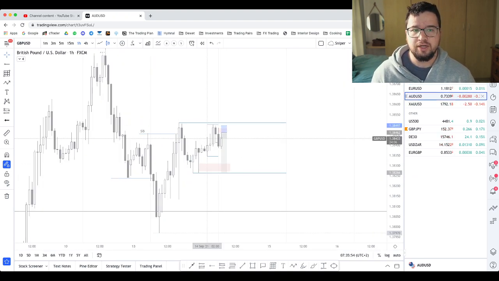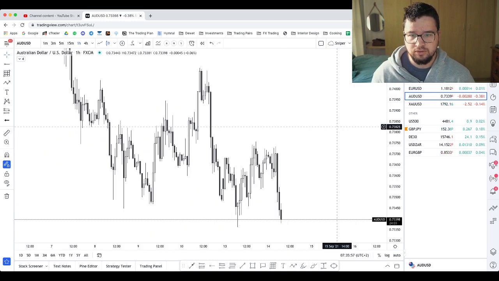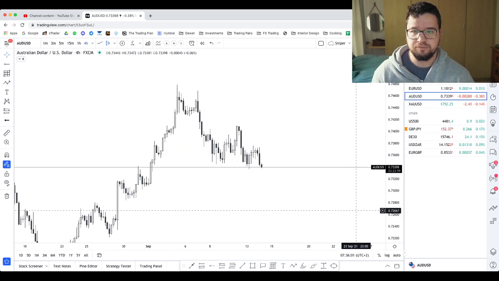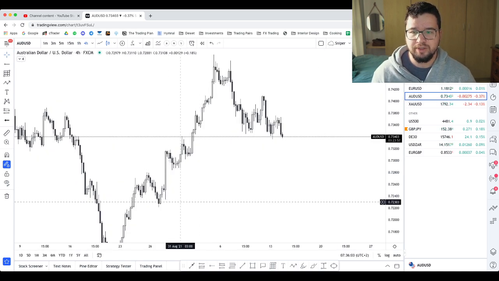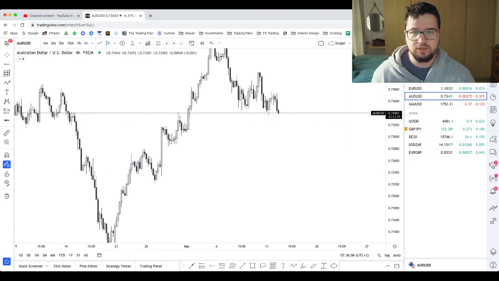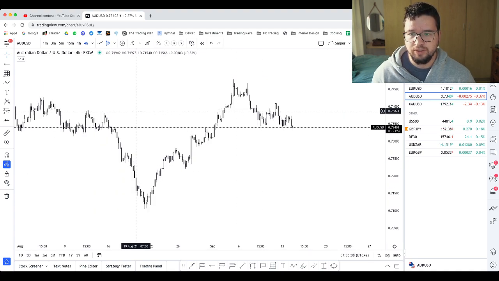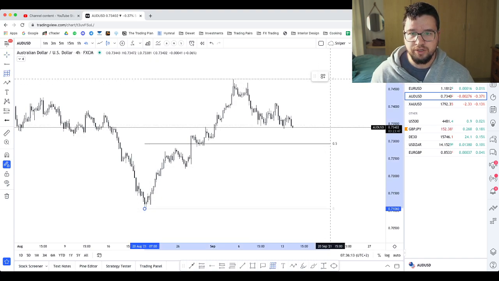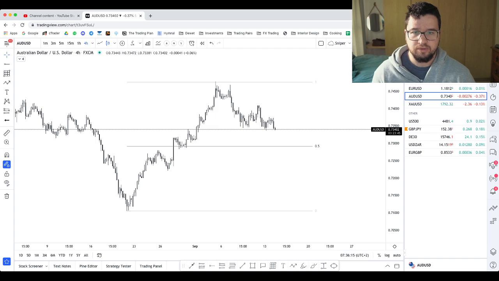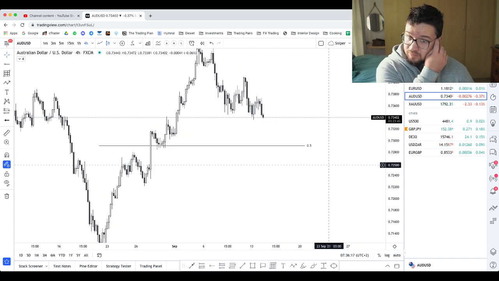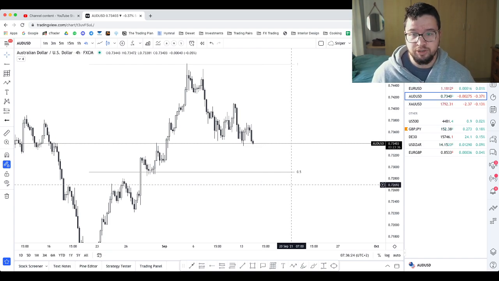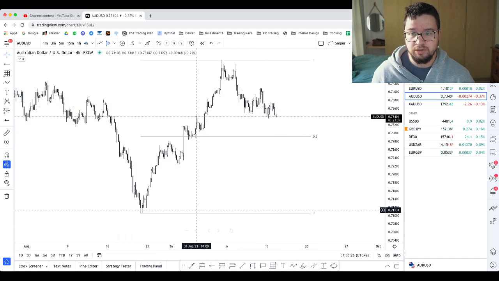Let's have a quick look at Aussie dollar. Let's just do it first from the 4-hour. Just want to quickly see what we are working with. So basically this is our 4-hour range. Yes, I'm looking for sells. I'm looking for price to reach the 50% down here.